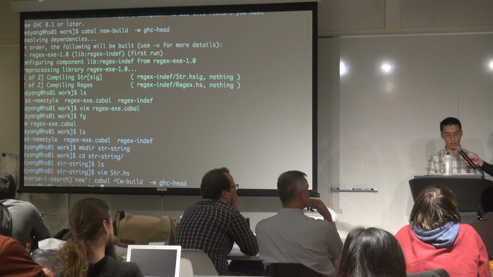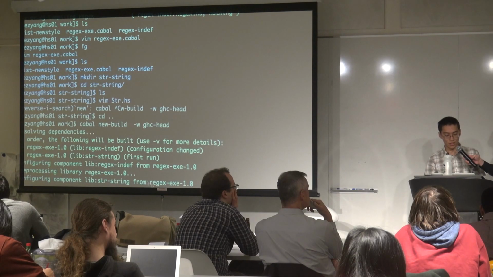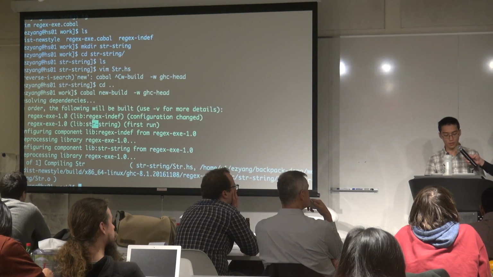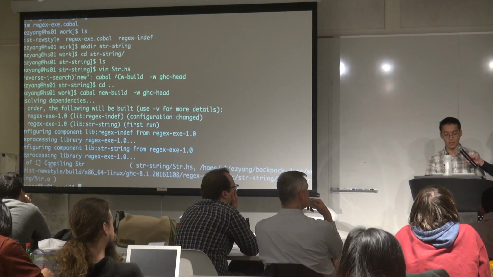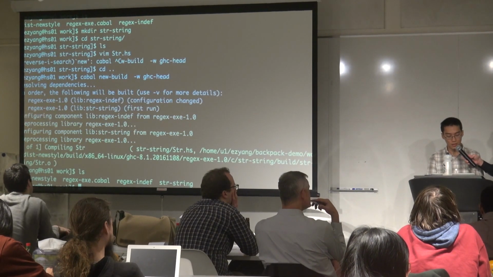And let's just make sure it compiles. You can see now we're building str-string. This one we're actually going to build because we don't have any requirements, so there's no problem.